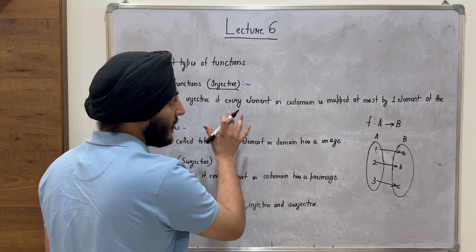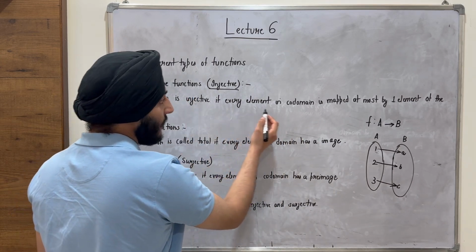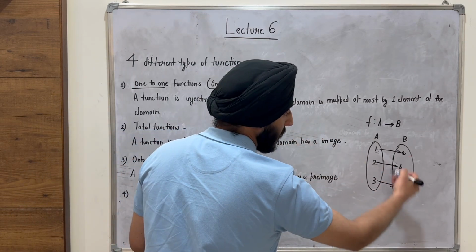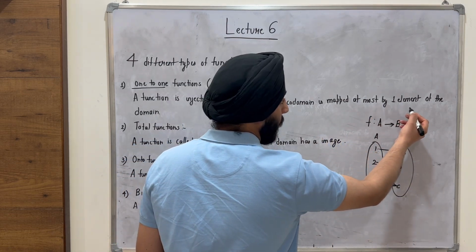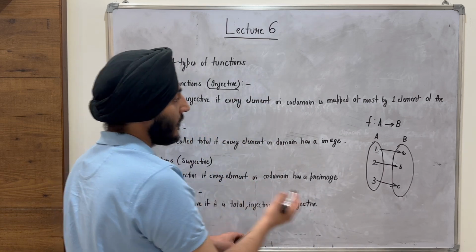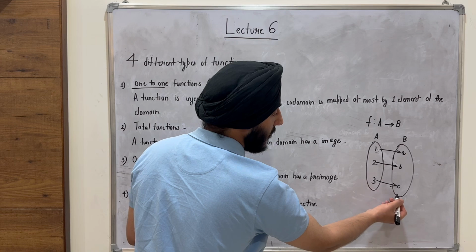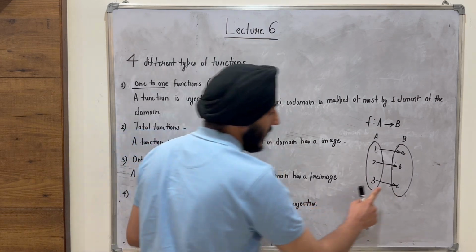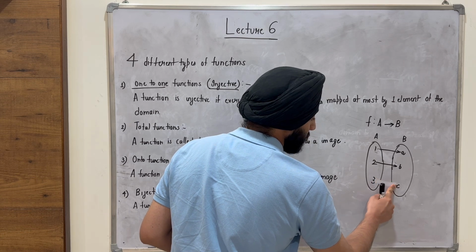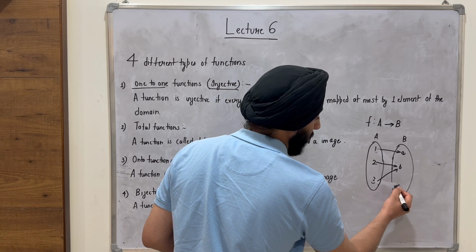Let's try to understand if it's injective from the definition, right? A function is injective if every element in the codomain, so you can see every element in the codomain, A, B, C, is mapped by at most one element of the domain. A is mapped by just one, B is mapped by just two, C is mapped by just three over here. But in the case that 3 was pointing to B instead of C over here, this would not be injective.